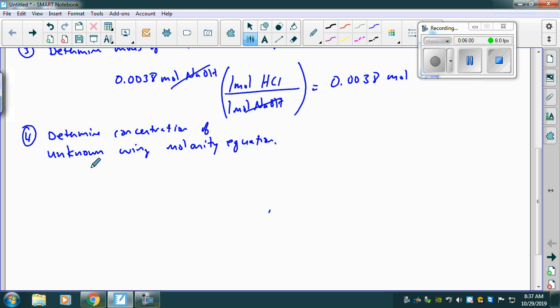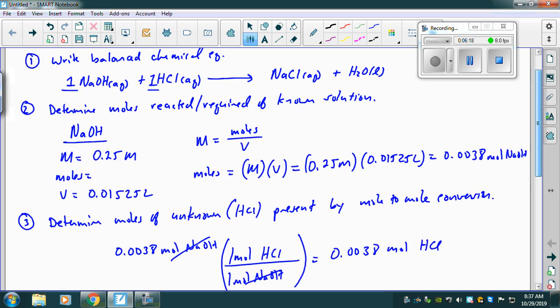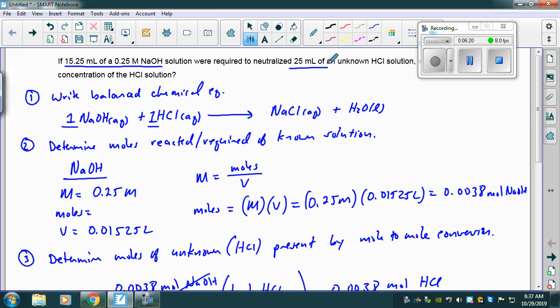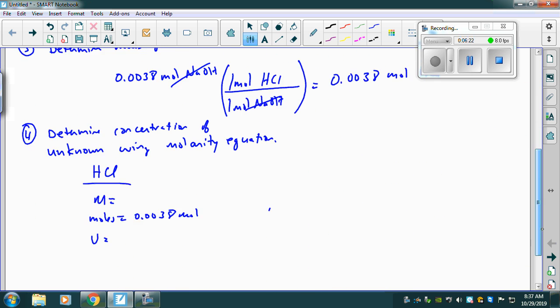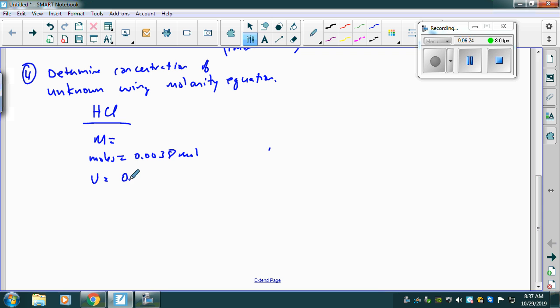So again, I'm going to make a table for HCl: molarity, moles, and volume. Well, I know now that there are 0.0038 moles present in, it told me in the problem, 25 milliliters of HCl solution, which is 0.025 liters.